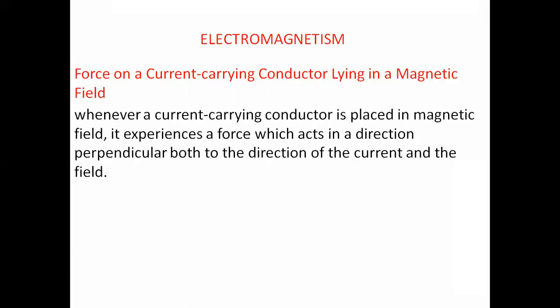A current carrying conductor, meaning a wire, is given a current, or we provide the supply to the wire, and that wire is placed in a magnetic field. It experiences a force which acts in a direction perpendicular to both the direction of the current and the field. Suppose there is a magnetic field.